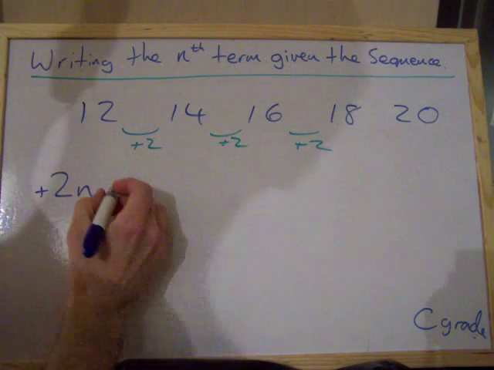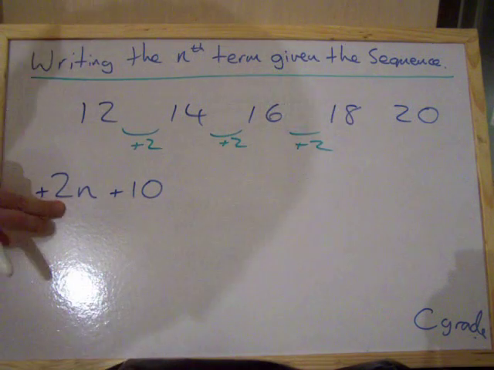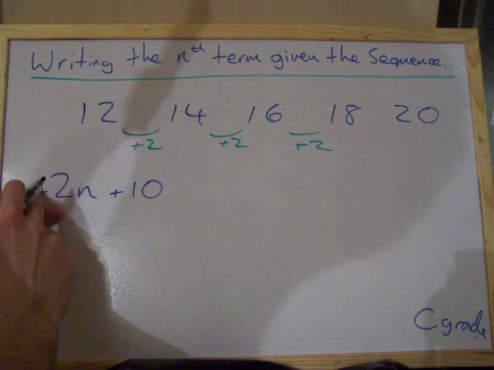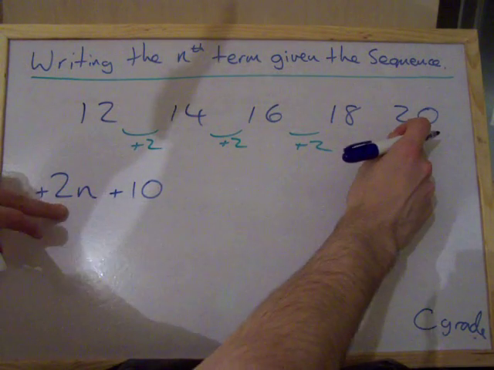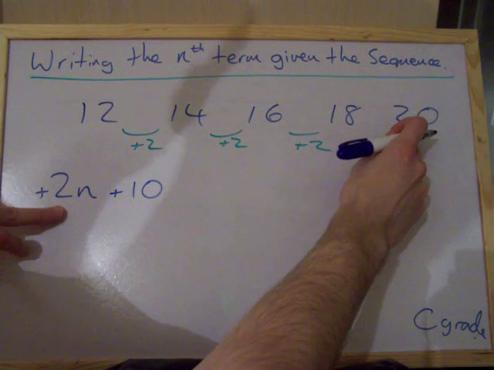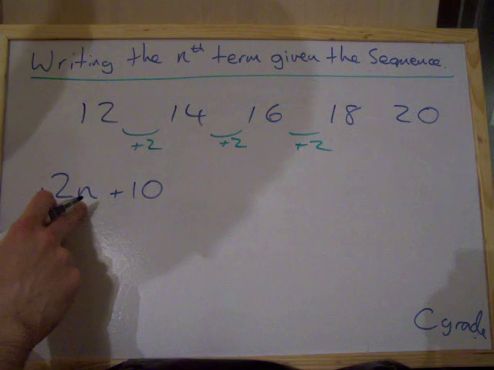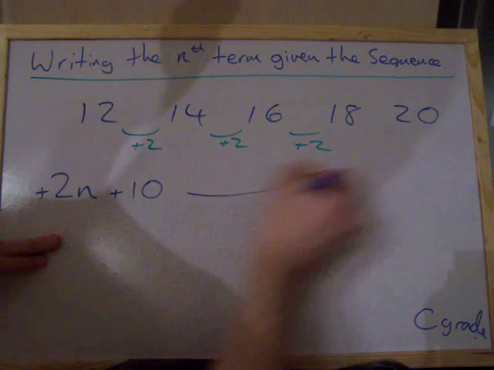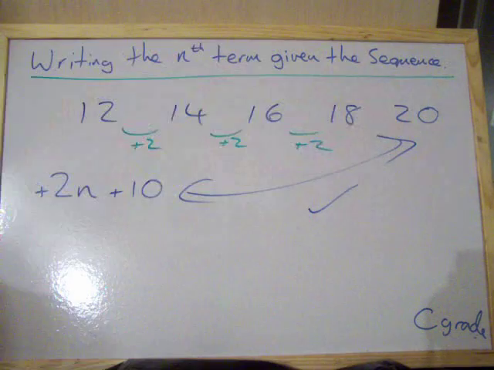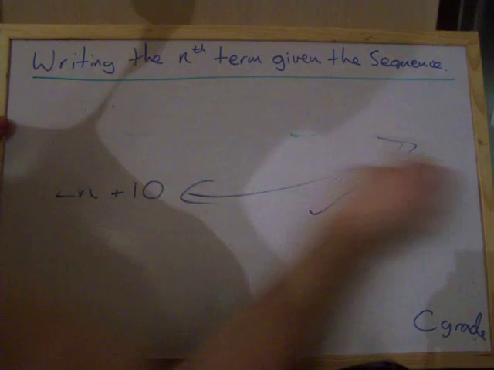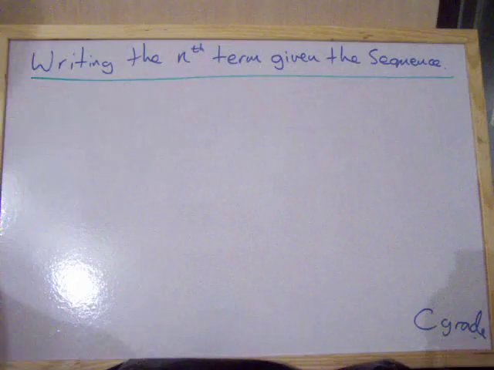It starts with 12. So I need an extra 10. I'm just going to check it with another term, the last term, the fifth term. Now, I think the fifth term is 20, but what is it with this? It should be 2 times 5, which is 10, plus 10, which is 20. So they correspond. Super.